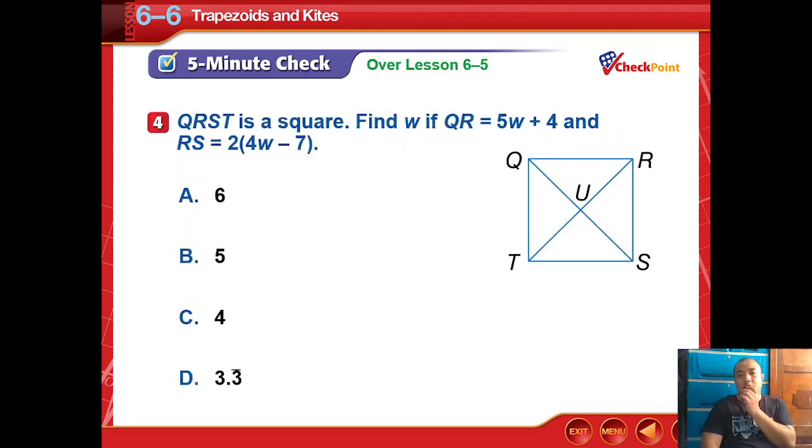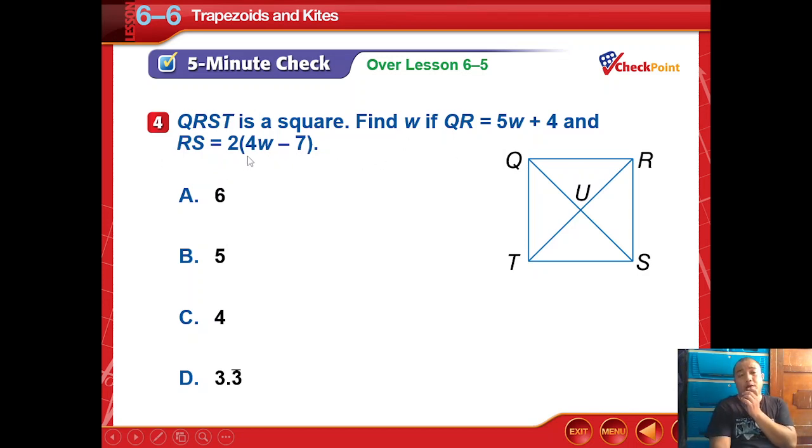Next, QRST is a square. Find w if QR is 5w plus 4 and RS is 2 times the quantity 4w minus 7. We all know that in a square all the sides are equal, so we are going to equate 5w plus 4 to 2 times the quantity 4w minus 7.